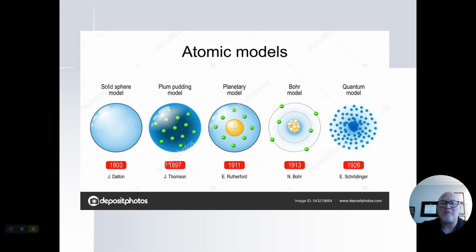Rutherford created what we would refer to as the planetary model. He discovered that there was a nucleus that had a positive charge. And so you have this nucleus that's positively charged, and then you have all of these electrons around it that are negatively charged. So collectively they form this neutral substance because you've got this small nucleus in the middle.